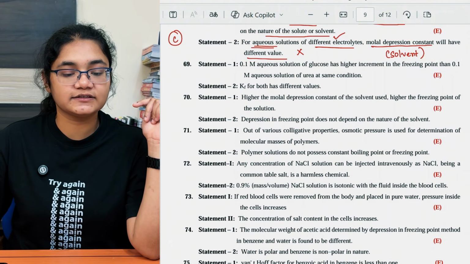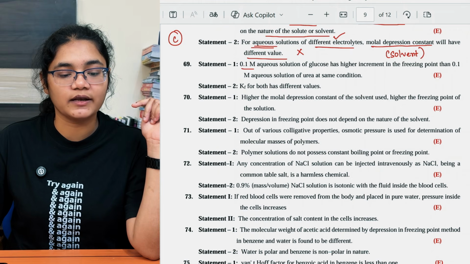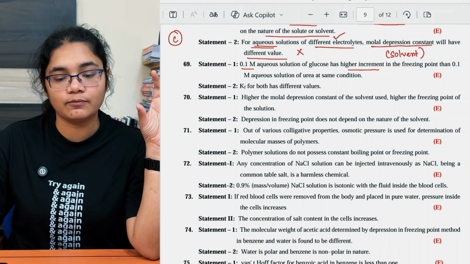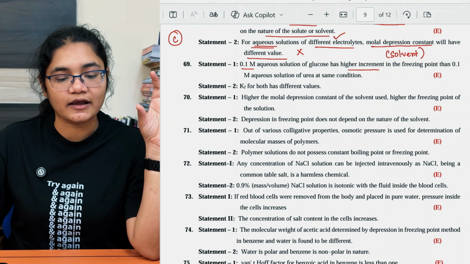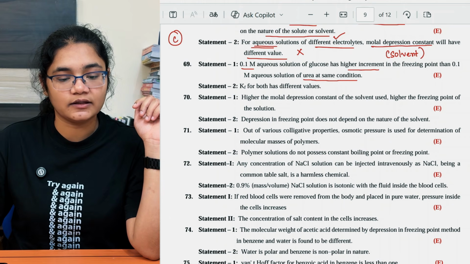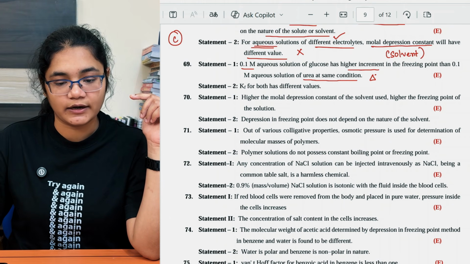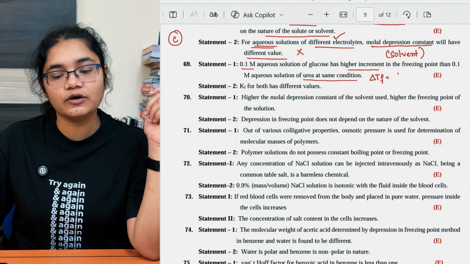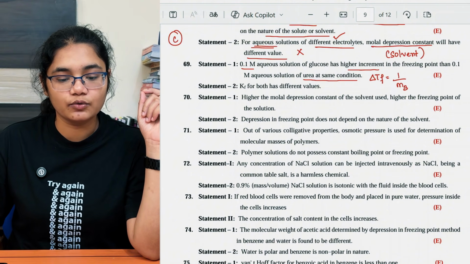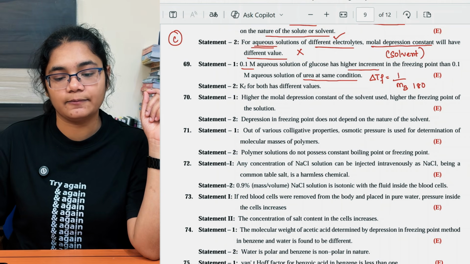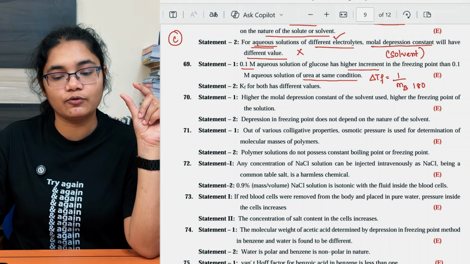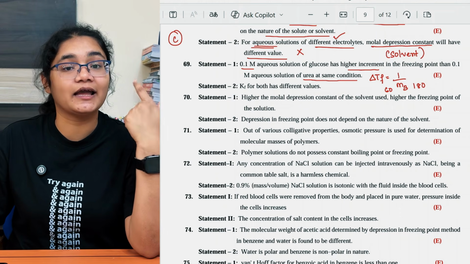Okay, next, 69th question. 0.01 m aqueous solution of glucose has higher decrement in freezing point than 0.1 m aqueous solution of urea at the same condition. Now if you see the change in the freezing point, delta Tf, all the colligative properties are inversely proportional to molar mass. Glucose molar mass is 180, so there will be a lesser change, whereas urea molar mass is 60, so there will be a higher change.